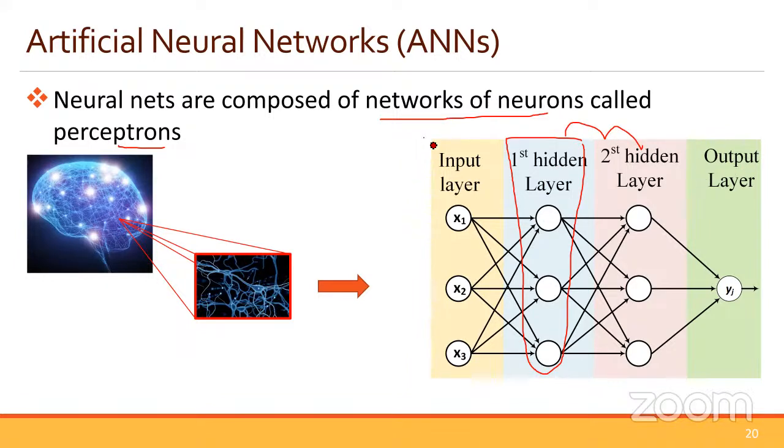Typically we have an input layer, which is layer number 0, and the last layer, which is the output. In between, we have a hidden layer where the learning process happens. It can be one hidden layer, as I said, or more than one layer, and each layer has several neurons. The inputs go to each neuron in the hidden layer with a certain weight from each input, x1, x2, x3.